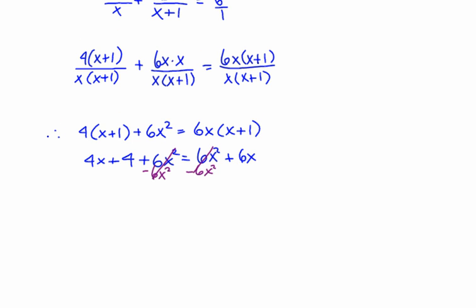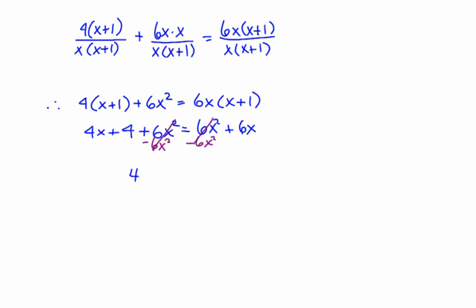So now we have 4x plus 4 equals 6x. Now what? Subtract 4x. We have 4 equals 2x, so x is 2.